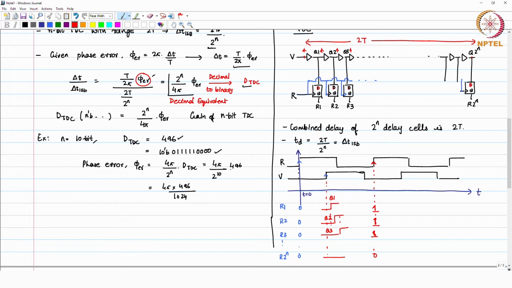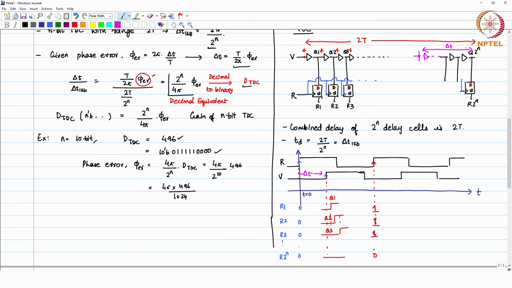If you choose a range of 2T, then you can say it is 2T minus whatever this phase error is. Just an example: if the delay of the elements till here is delta t, then only the registers which come before this will register 1, and other values will register as 0.